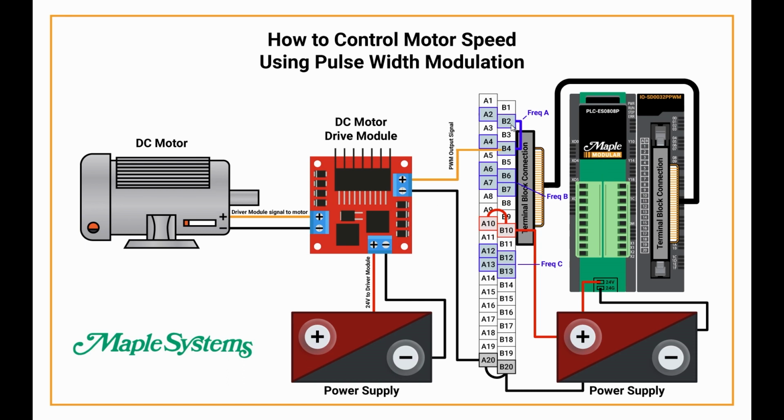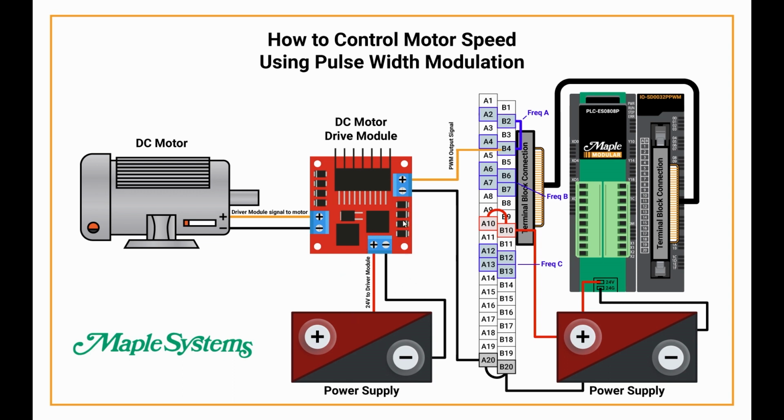In this example, I am going to be using B4, which is channel 4, so the PWM output signal will go into the drive module, and then from A20, that will go into the 0 volts on the DC motor drive module. And then I have a separate power supply providing 24 volts to the drive module, as well as the 0 volts into the ground on the DC motor drive module.